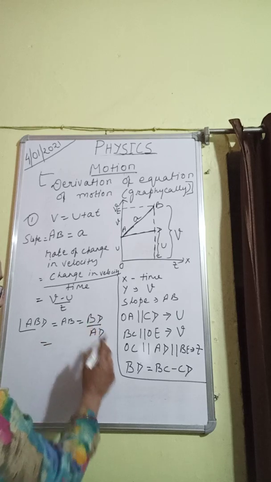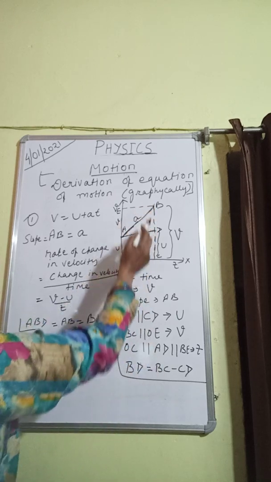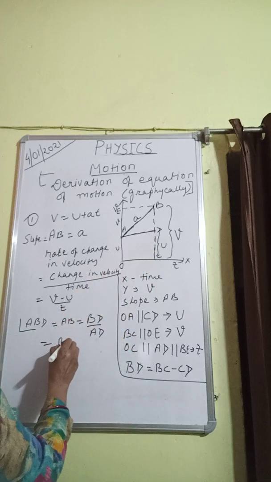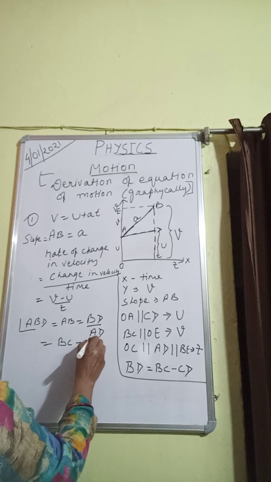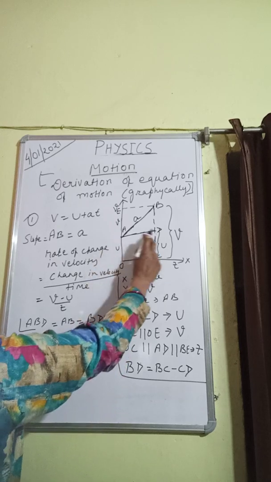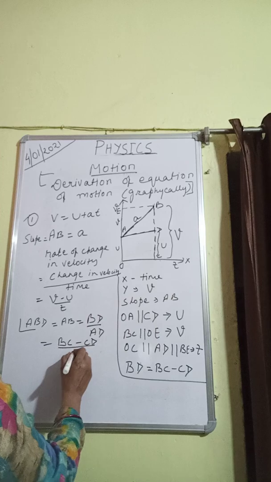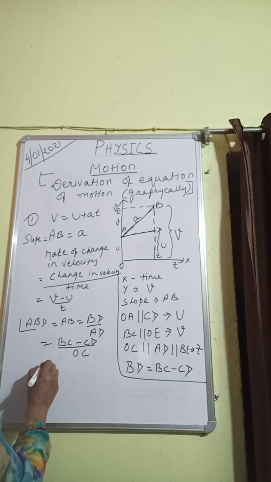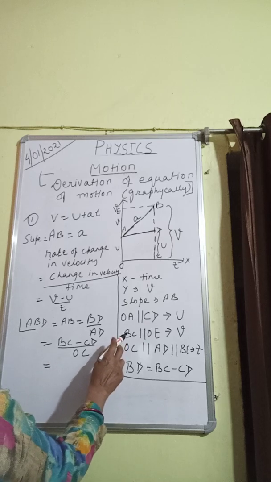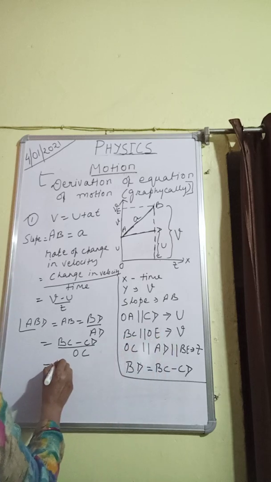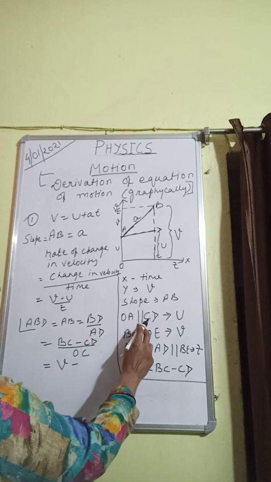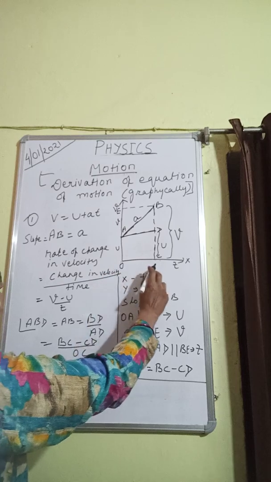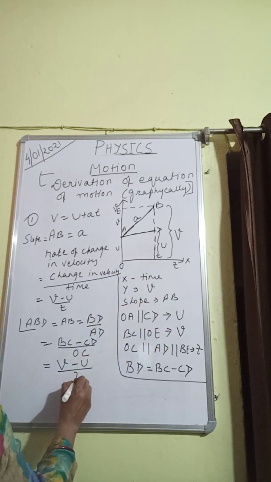Then what is BD? Just now we found BC minus CD. So we can write BC minus CD by AD, and AD is parallel to OC, so directly I am writing OC. Then what is BC? BC is the final velocity V, minus CD, the initial velocity U, by OC, which is time t. So we can write t.